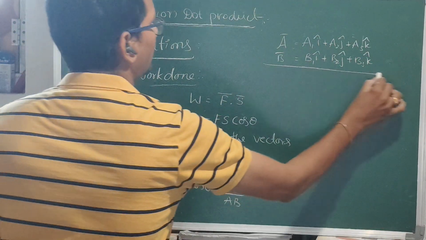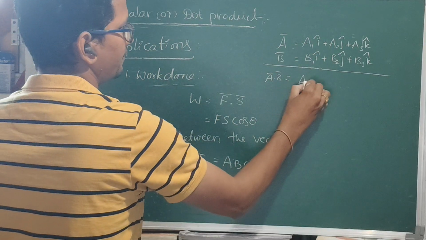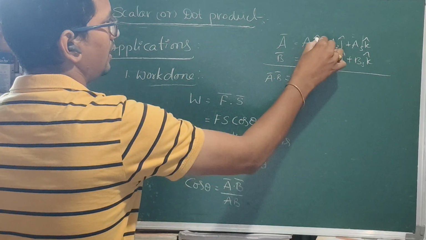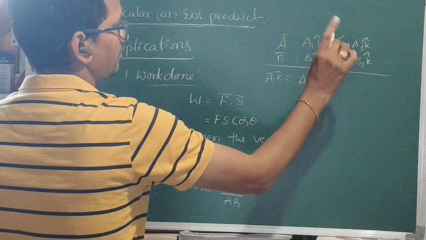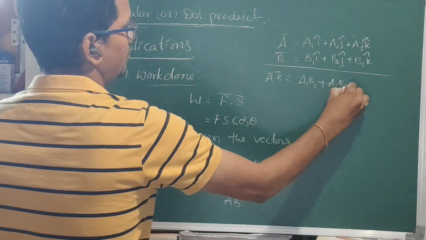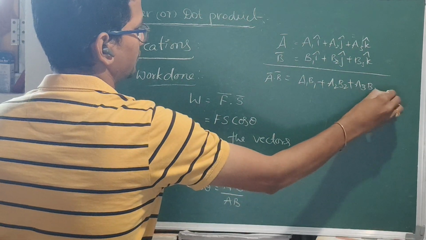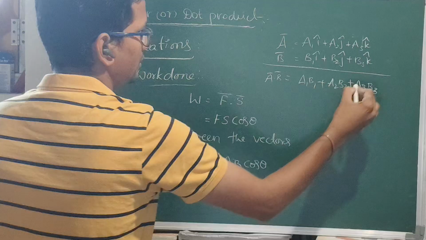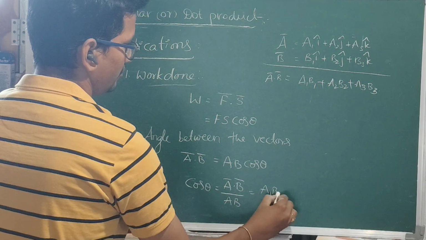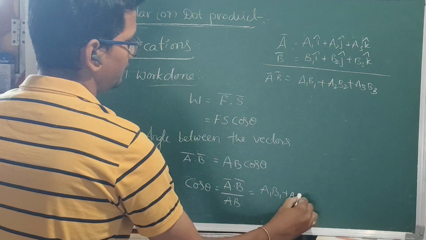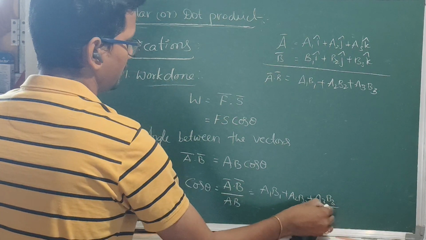We already discussed that A bar dot B bar is equal to A1 B1, since i cap dot i cap is 1, and the remaining terms are all 0. j cap dot j cap is 1, that gives A2 B2, and A3 B3. The remaining are all zeros. So we can write A1 B1 plus A2 B2 plus A3 B3.